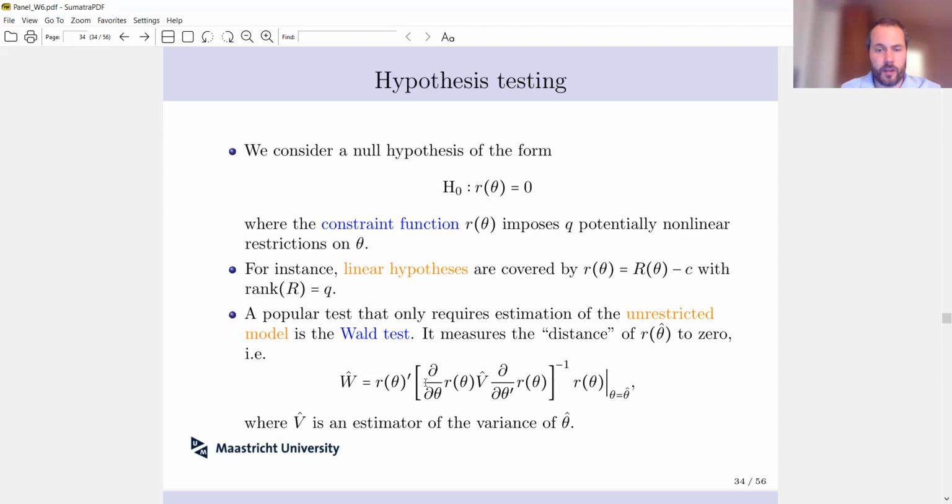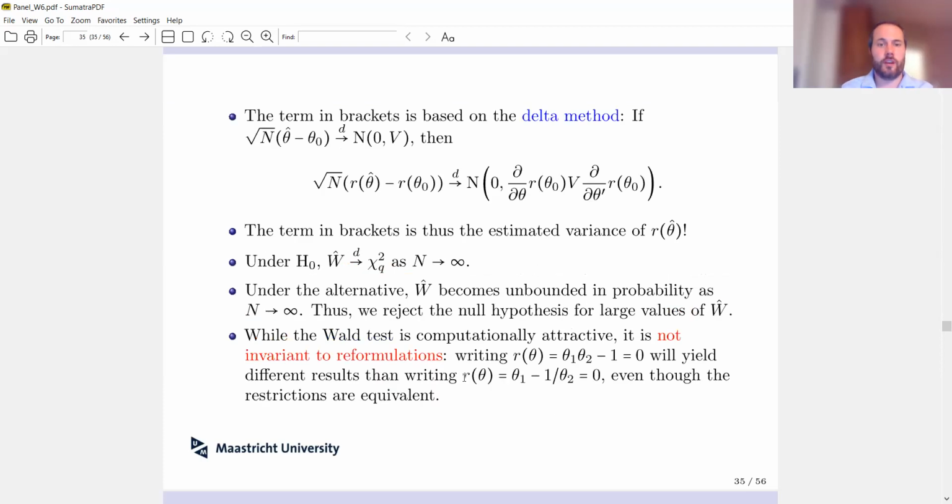Here we have the variance of the MLE itself, so what is this other stuff doing? That is coming from the so-called delta method. The delta method is also something that is hugely important. It helps you to find the asymptotic distribution of functions of your estimators.